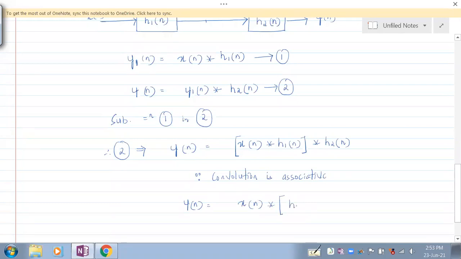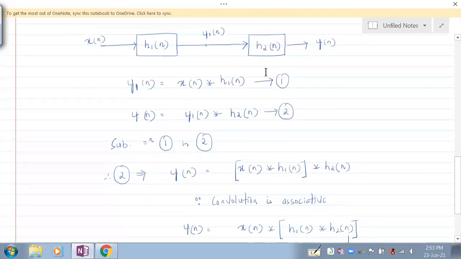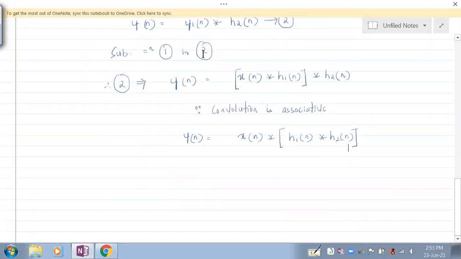First you will obtain the convolution sum of the two impulse responses, and then the result is convolved with x of n. This can be done because convolution is associative. Understand that? Therefore this system would now look like this. So if you have two systems in cascade, then the overall impulse response would be this.